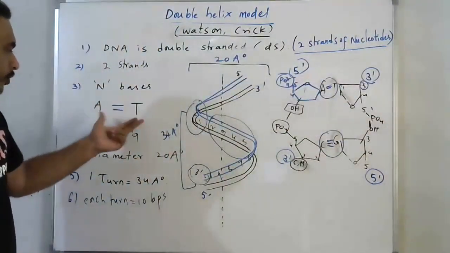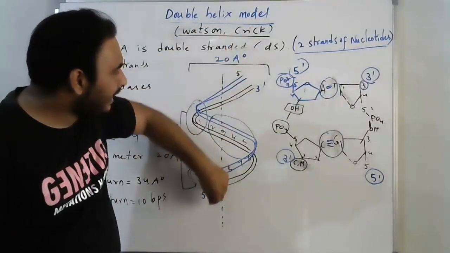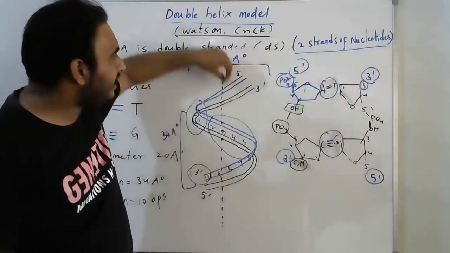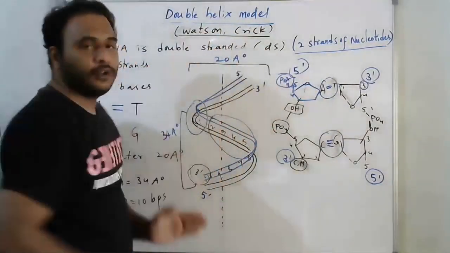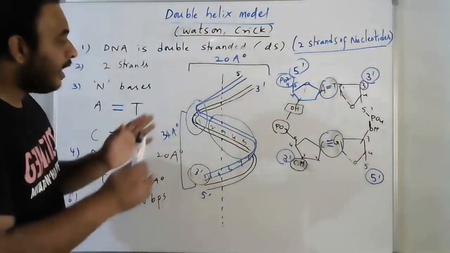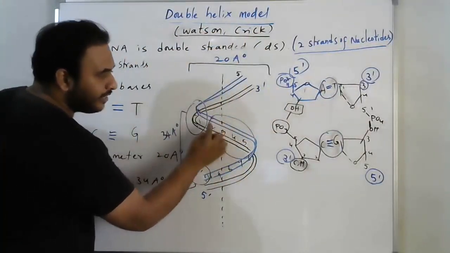Coming to nitrogenous bases, we already discussed. And if you draw an imaginary line at the center of these DNA strands, the diameter will be 20 angstroms. And apart from that, there are shallow grooves and deeper grooves.